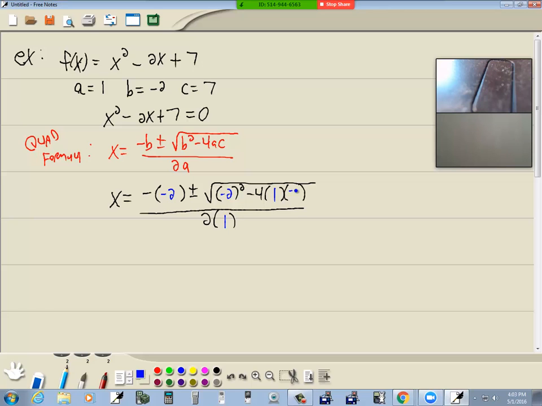And c is 7, so everywhere we had a c, we'll put in a 7. Now, negative negative gives us a positive 2, plus or minus the square root of negative 2 squared, which is 4, minus 4 times 1 times 7, which is 28, all over 2. 4 minus 28 is negative 24 over 2.